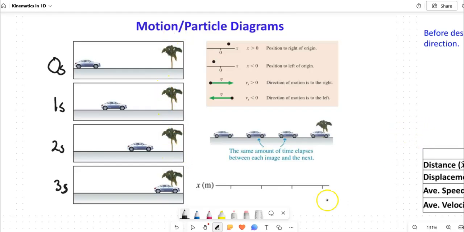So I'm going to call this palm tree the 0 meter mark. To the right of this would be +1 meter. To the right of that would be positive 2 meters, and so forth. To the left of it is going to be negative 1 meter, negative 2 meters, negative 3 meters. Okay?